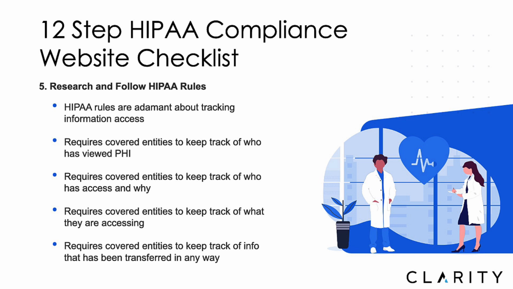But the big deal here is that you need to have a role within your organization, or multiple roles, focusing on adhering to this, and that you adhere to the privacy and security rules within your team. This means making sure you're tracking information access, tracking who's viewed information that's PHI, keeping track of partners you're sending this to and what you're sending, and being able to understand in general what's transferred and anything that's changed.